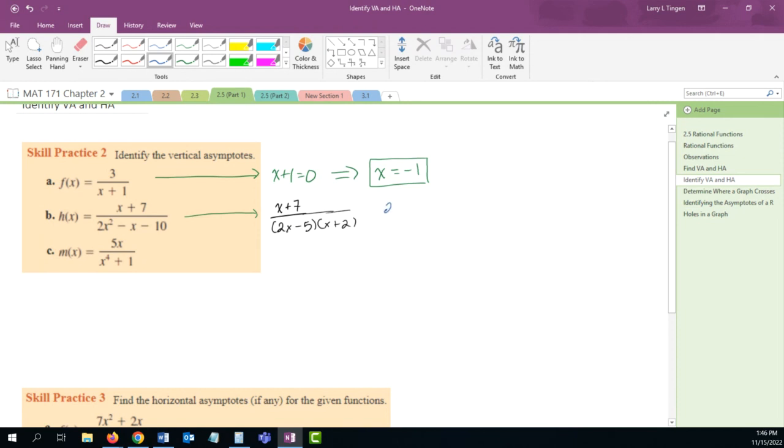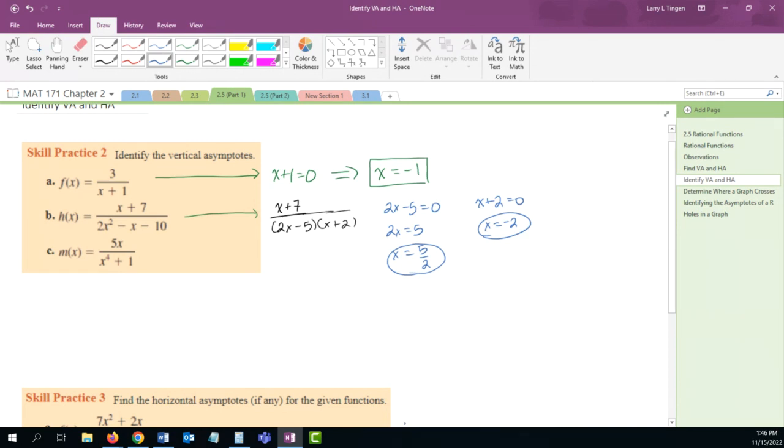These are both asymptotes. So they're going to occur when 2x plus 5 is 0. So when x is 5 halves, we're going to have a vertical asymptote. And then x is -2. So there are my vertical asymptotes.